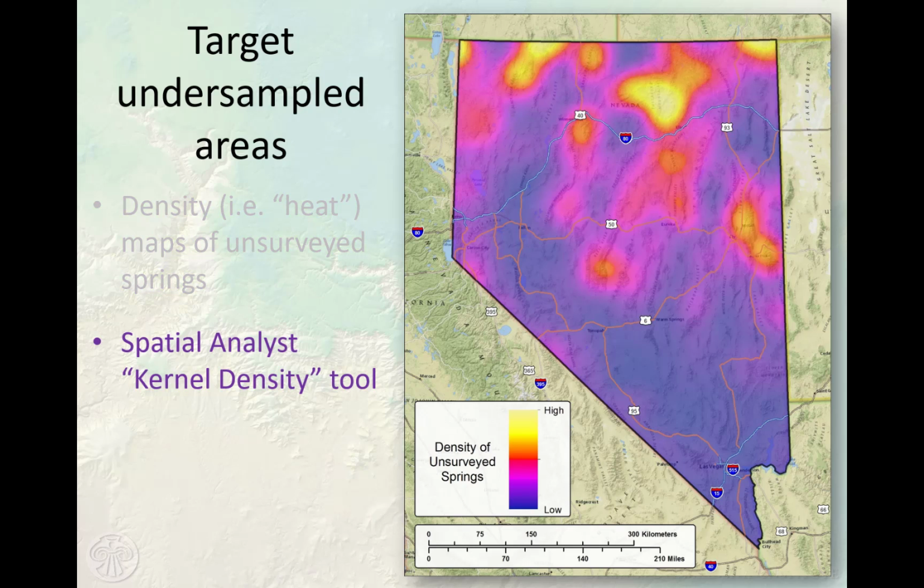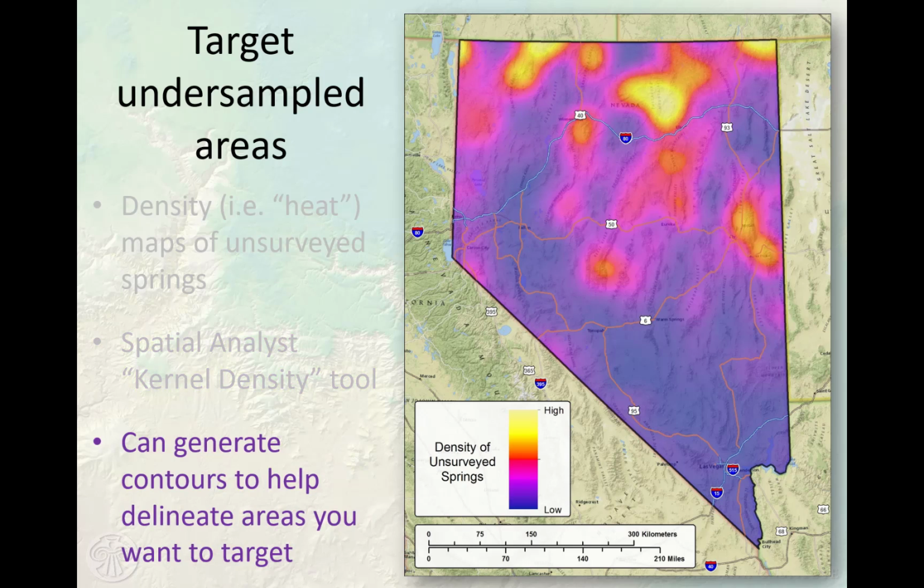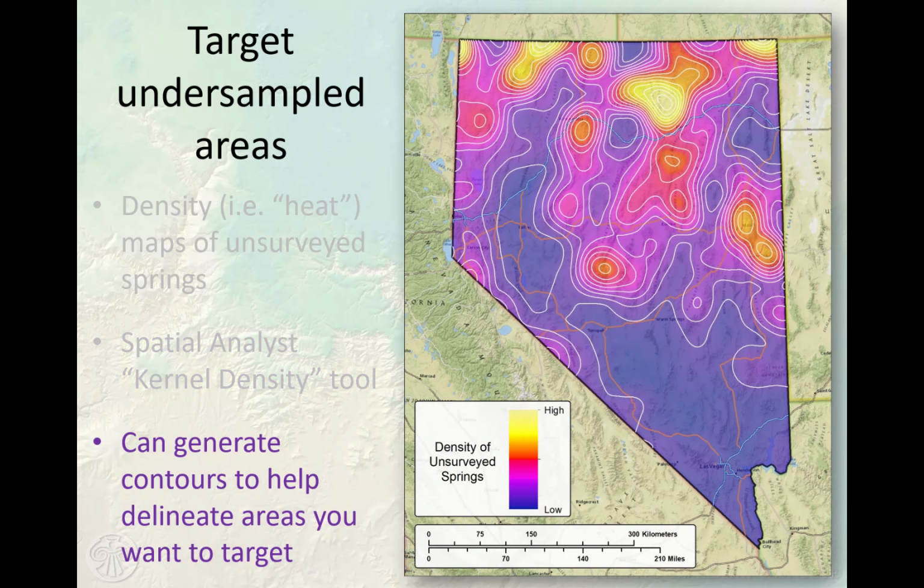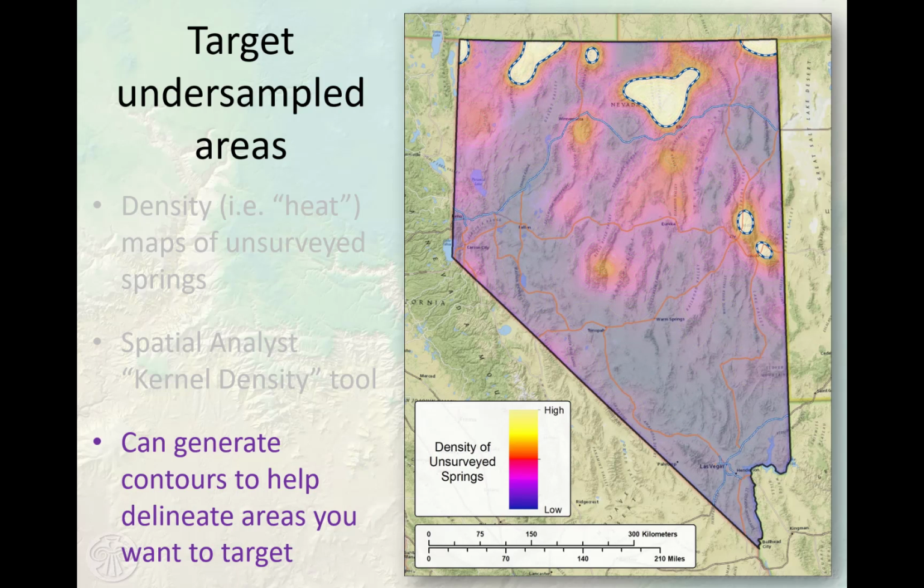Visually, it helps us to quickly see regions in the landscape with relatively high densities of unsurveyed springs. Then we can take this a step further by generating contour lines, which let us find areas of equally high densities in the area. Then we pick a contour level and we just turn that into our sampling area. Then we'll randomly select springs in these target areas.